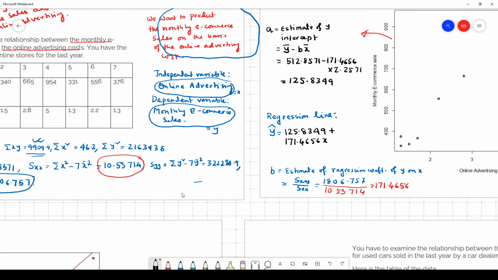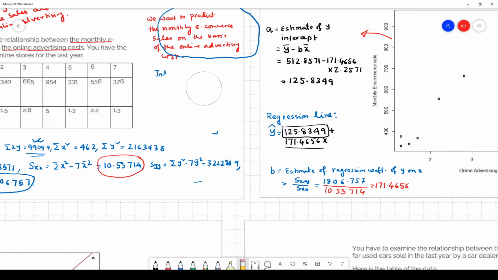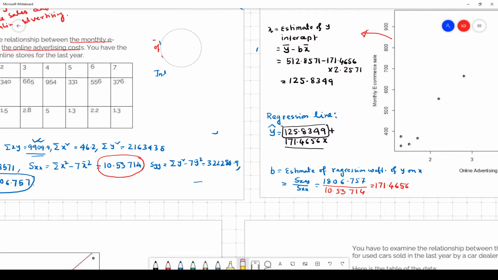So what is the meaning of this value? That is 125.8349 and 171.4656. Now I want to interpret the regression coefficient as well as the y-intercept in the context of this data set. Okay.